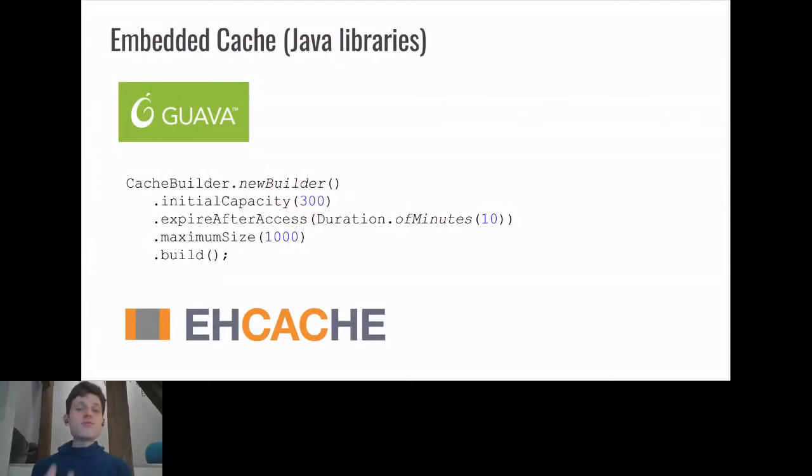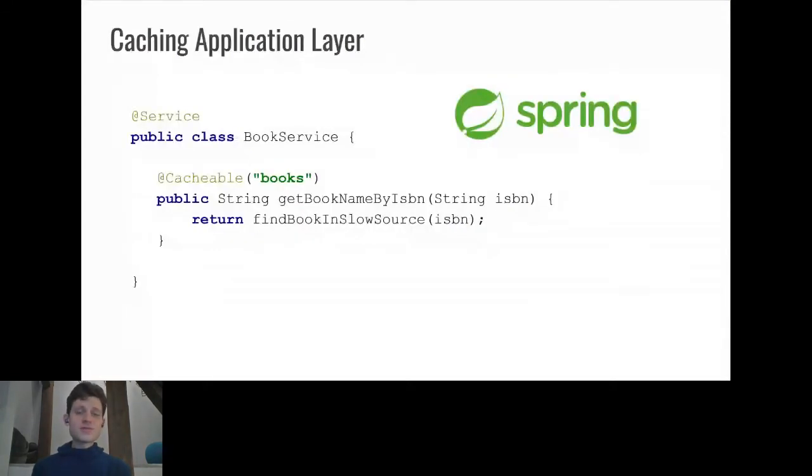Now we can move this idea of caching one level higher and put it into our application layer. For Java, still the most popular is Spring. So in Spring, if we would like to cache something, we don't need to write all this boilerplate code. We just say, let this method be cacheable.